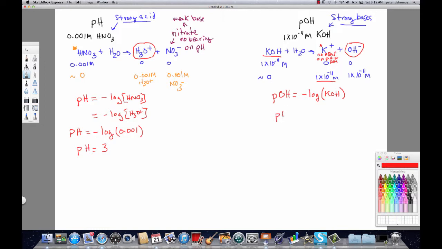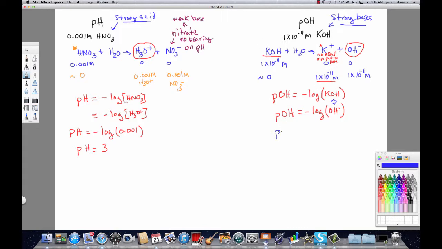So the pOH is equal to minus the log of the initial concentration, or, to be consistent, minus the log of the concentration of OH-. Remembering that both of these things are equivalent. They're the same. And it has to do with the fact that the KOH ionizes to 100%.